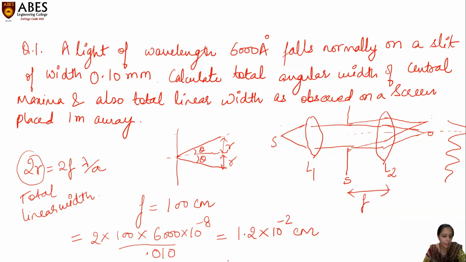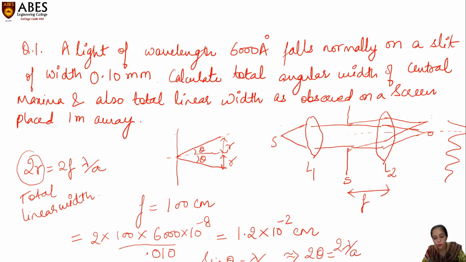And in terms of theta, it will be very simple. As we know that sine theta is lambda by a, so it's very simple. The theta is very small. So 2 theta, that is the total angular width, will be given by 2 lambda by a.